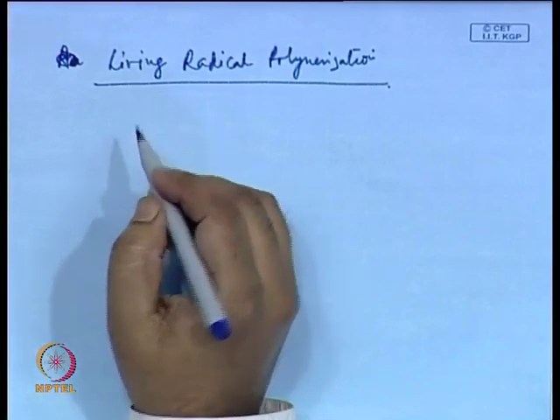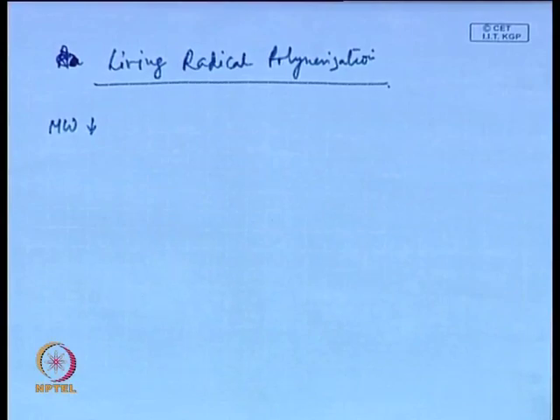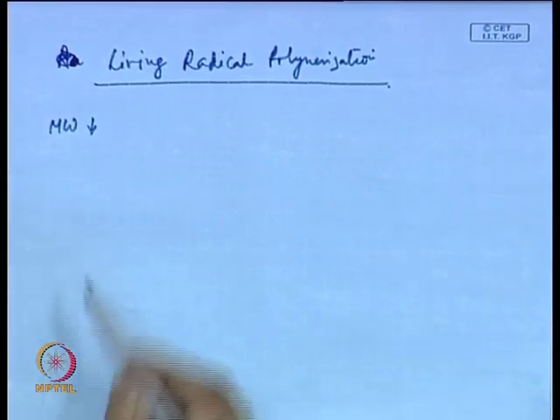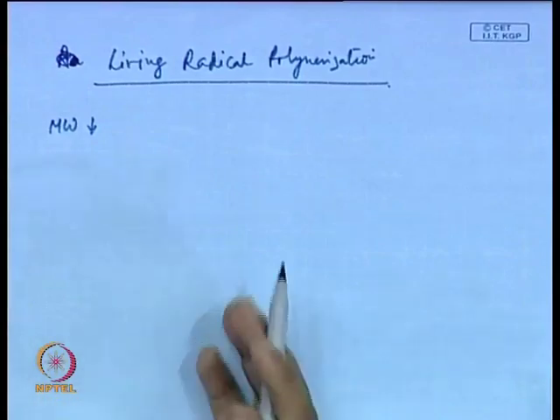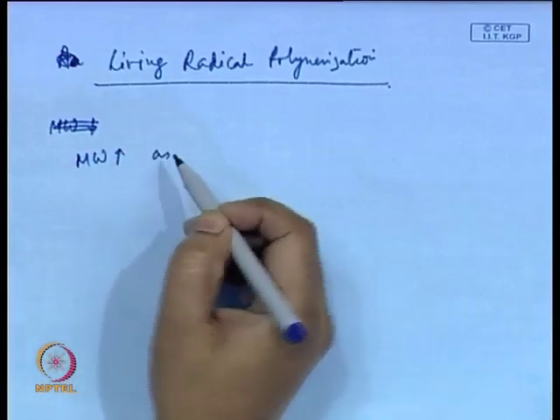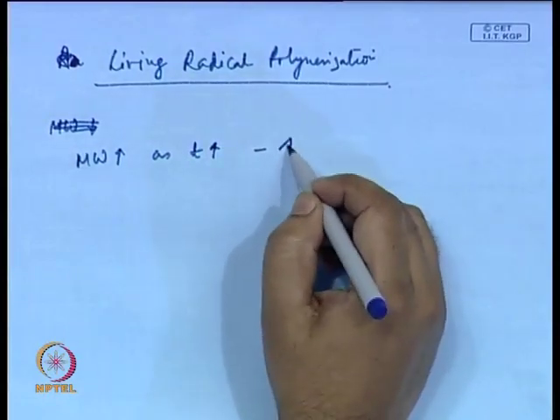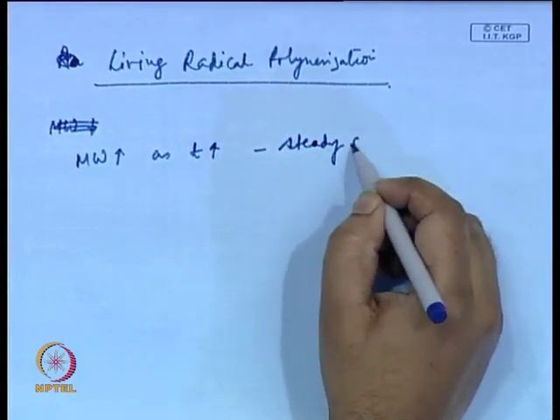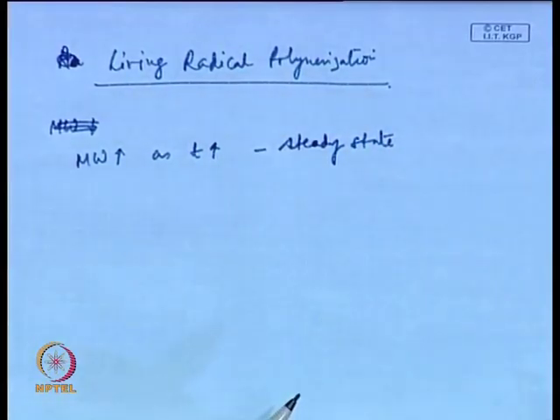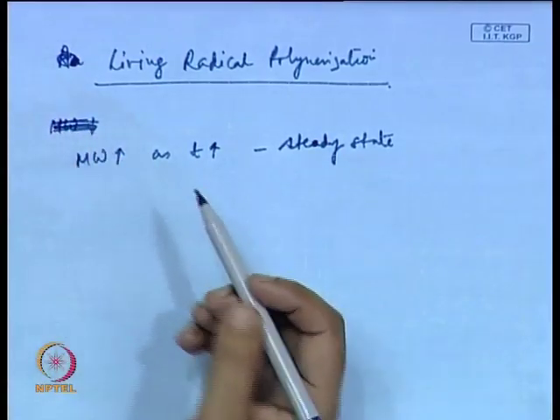Now, by this time we know that molecular weight in a normal radical polymerization, in a steady state, goes up as time progresses. I am talking about steady state, because most of the time the reaction happens in a steady state. If gel effect or other complications happen, then the situation is more complicated to simply conclude.